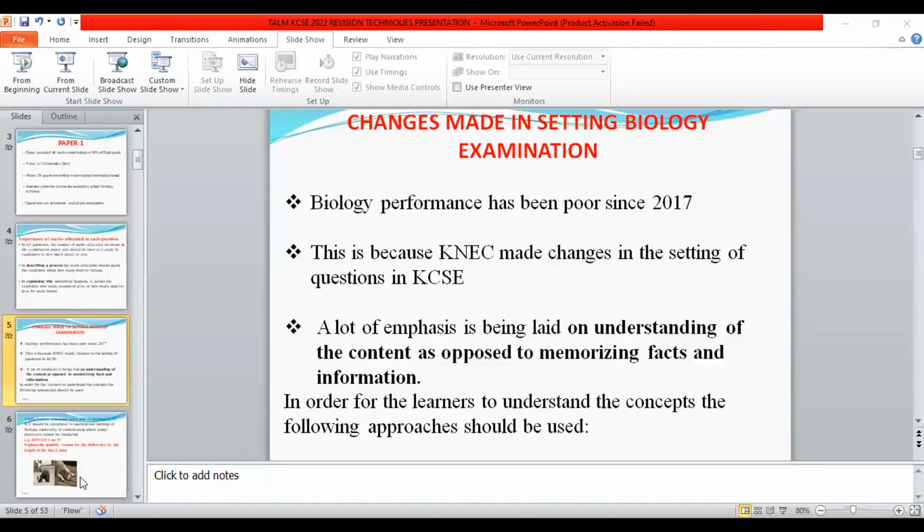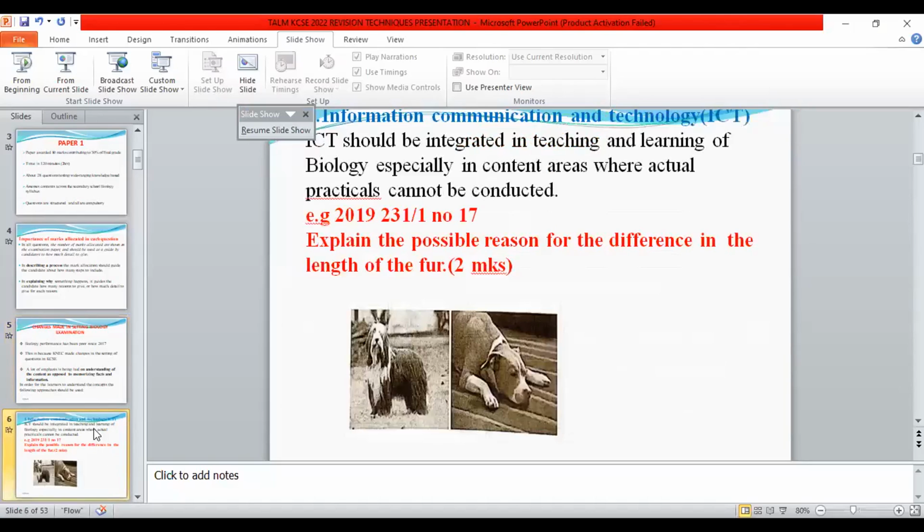ICT should be integrated in teaching and learning of biology, especially in those content areas where it is not possible to do practicals.